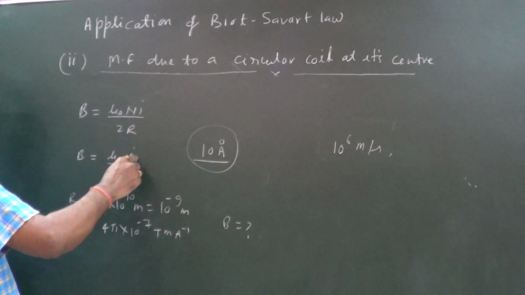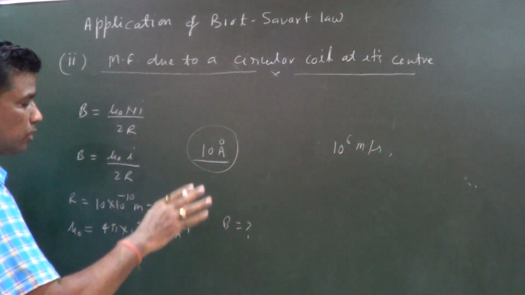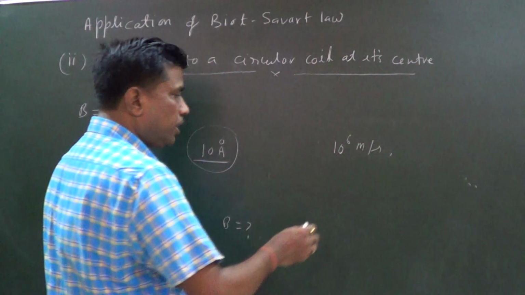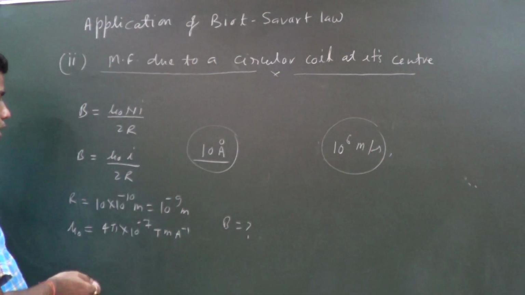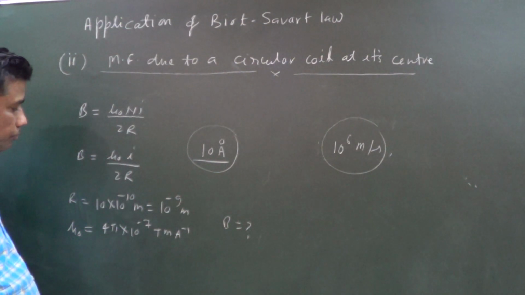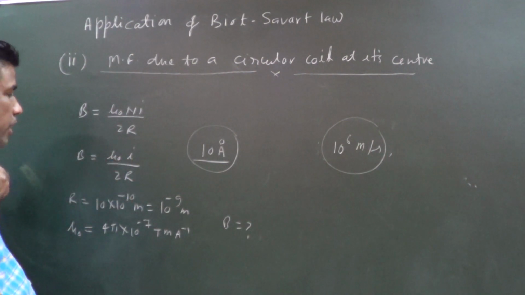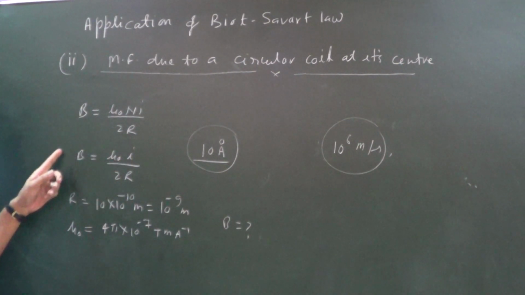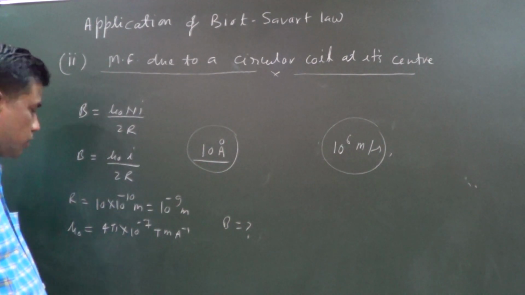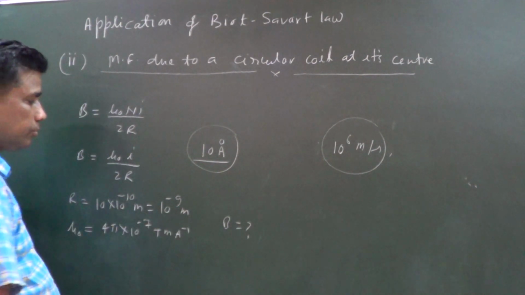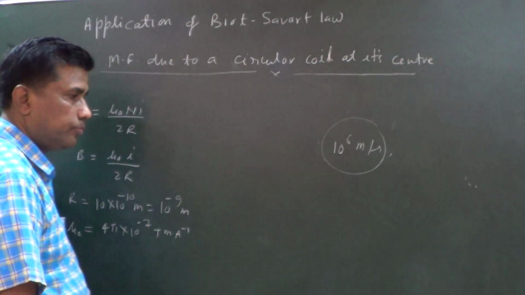But in place of current, no value is given, but the speed of the electron is given. So with the help of this speed, somehow we have to find the current. So only the current is unknown. If the current value is calculated, then anyone can calculate the magnitude of the magnetic field. So students, to find this magnetic field, we will first calculate the current with the help of this speed.